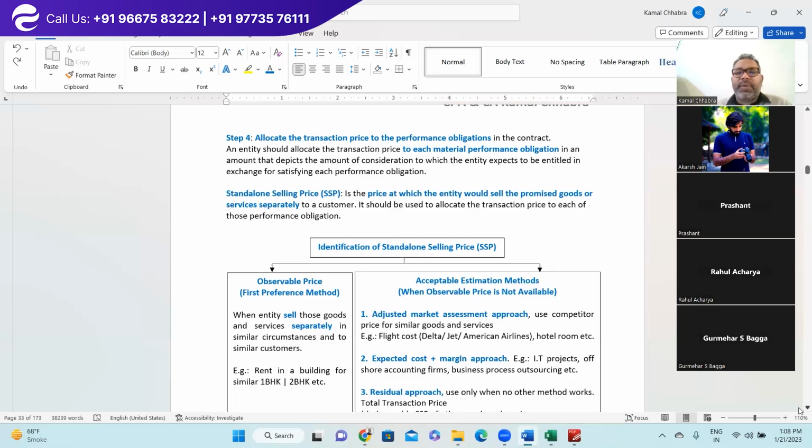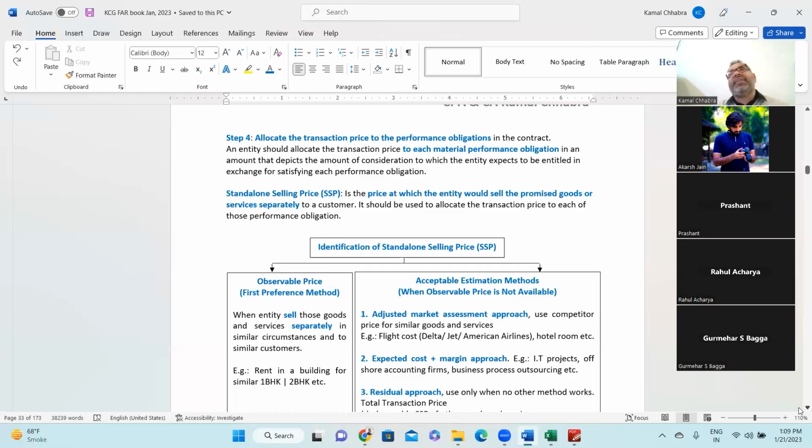Standalone selling price, in short SSP, is the price at which the entity would sell the promised goods or services separately to the customer. It should be used to allocate the transaction price to each of those performance obligations. So this is considered the base for allocation of the transaction price to the respective performance obligation.